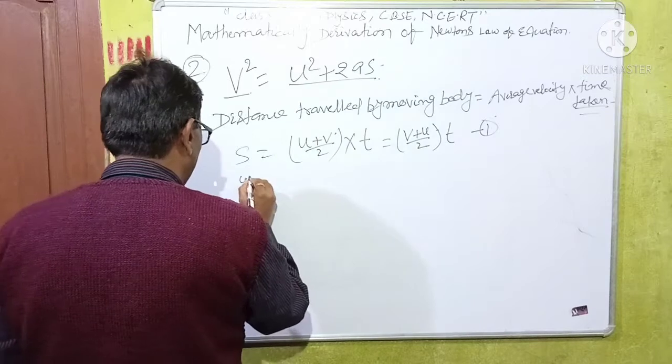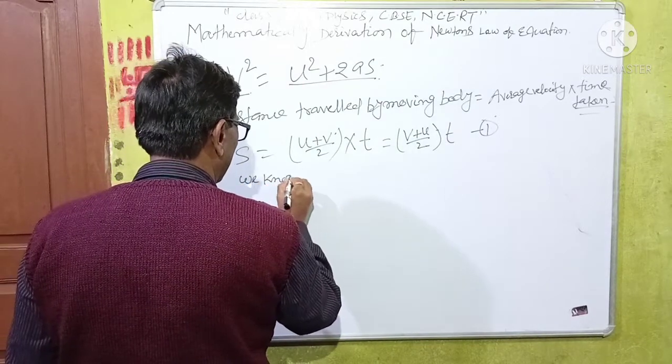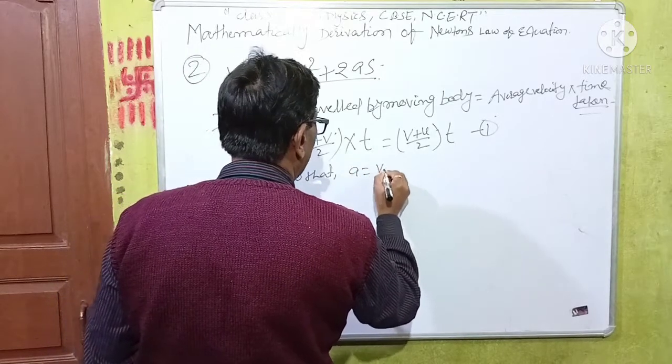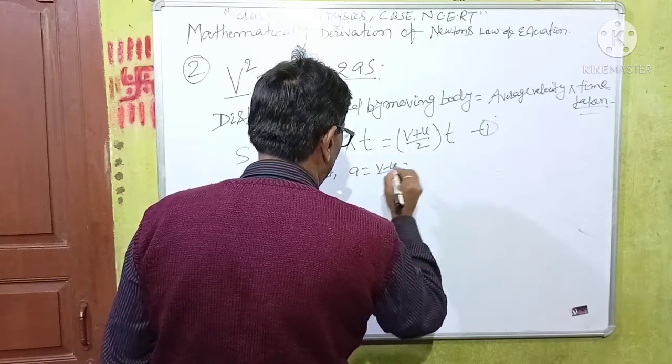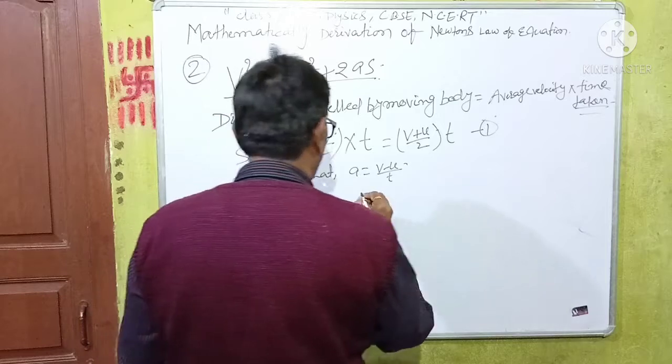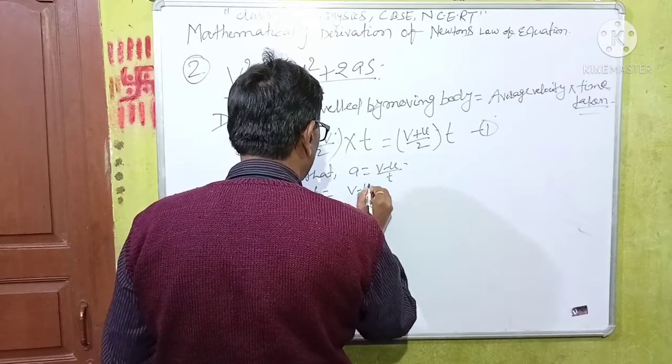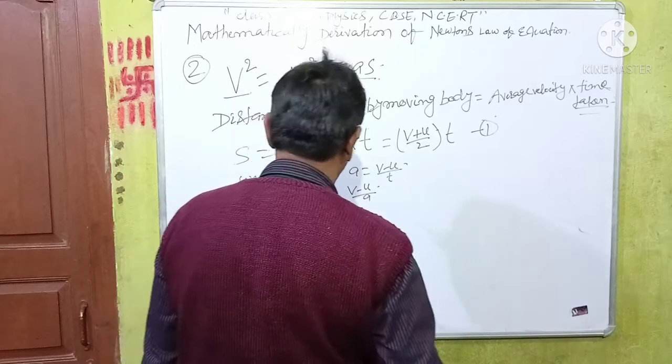We know that acceleration is equal to (v − u)/t. Therefore t = (v − u)/a.